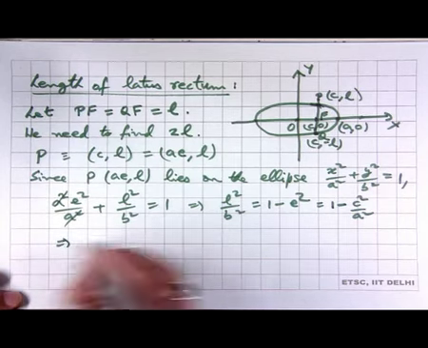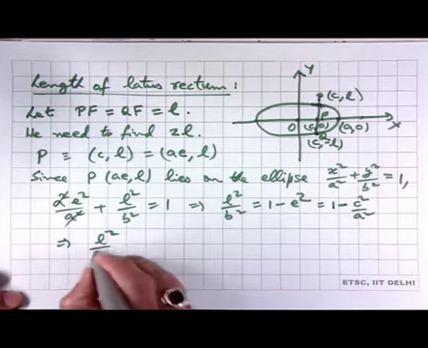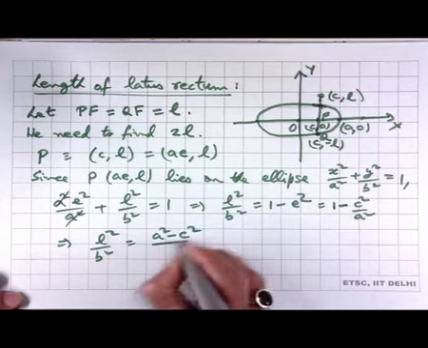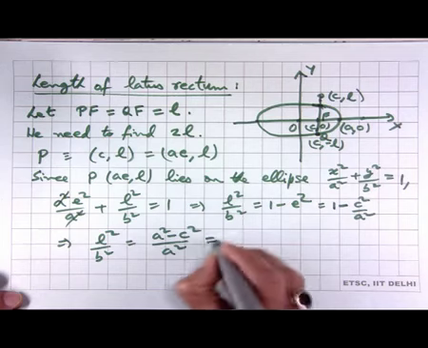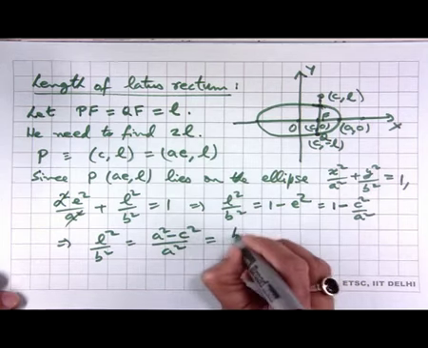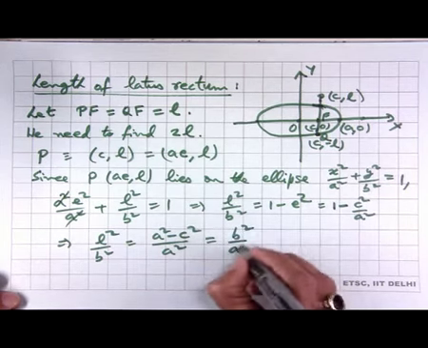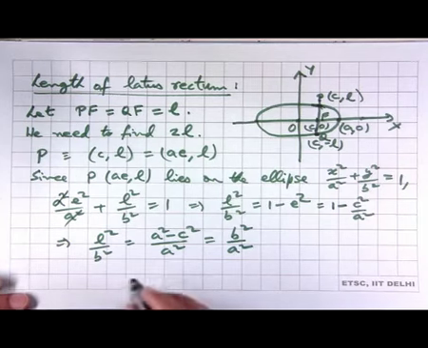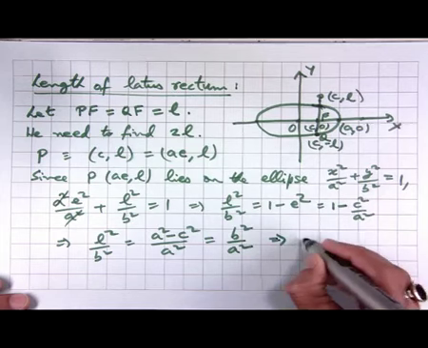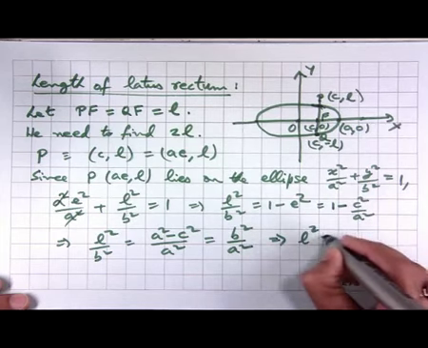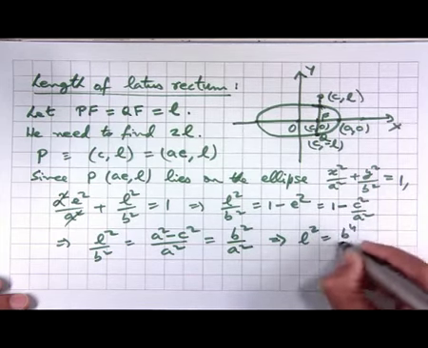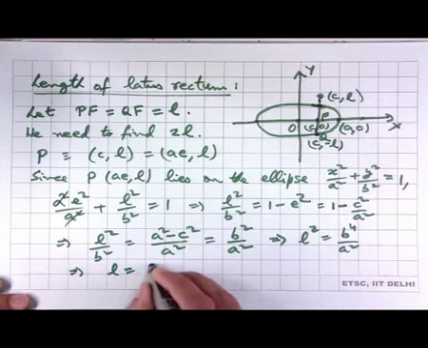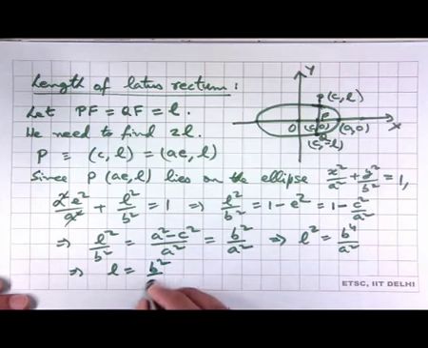So, L square by b square equal to (a square minus c square) by a square. a square minus c square is b square, so this will imply L square is b to the 4 by a square, or L is b square by a.